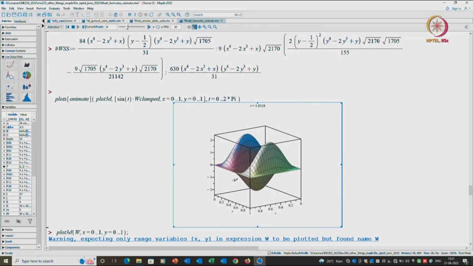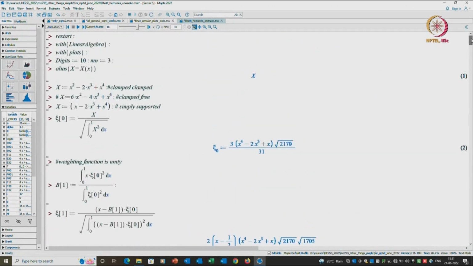You can see there are now 3 half cycles in this direction, and 1 half cycle in the other. It's like the 3-1 mode. Again same set of boundary conditions. Next, I will go up and run the clamped and free case.